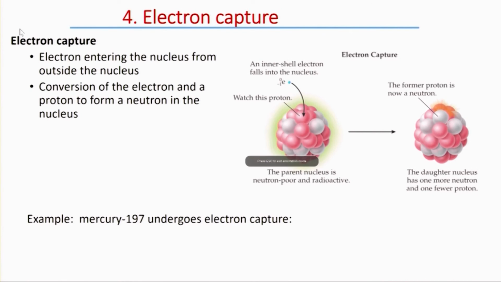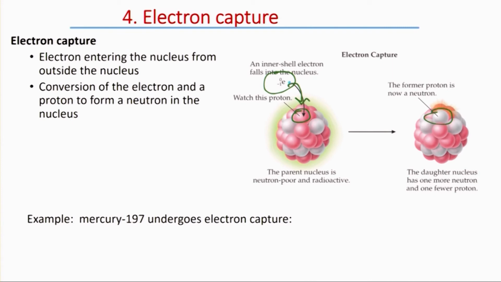All right, so this now is an electron that's kind of close, the inner shell electrons, all right, so it's close to the nucleus, and it enters the nucleus and gets captured, and this converts and joins with a proton to convert to a neutron. Okay, so overall you're converting a proton into a neutron. So here's the picture here. Here's this proton. Here is an electron coming in. And then in the end, you have a neutron.